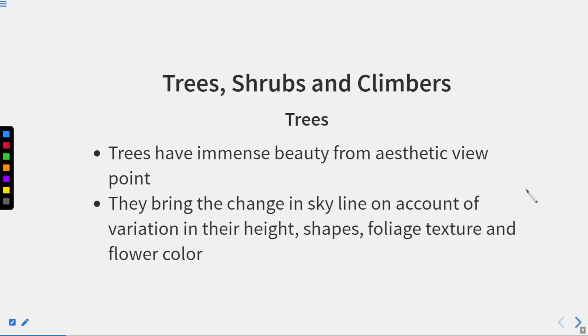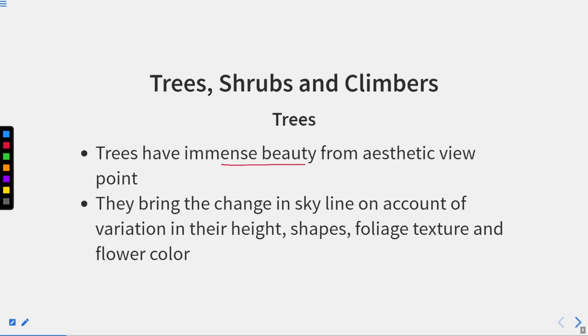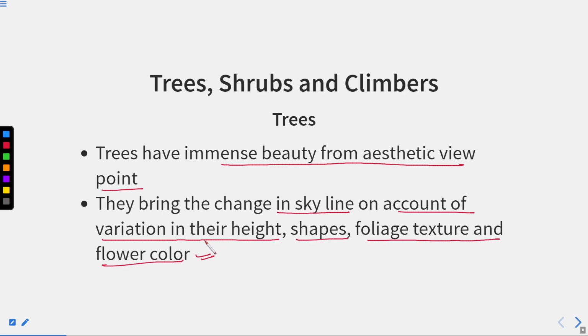hardwood. Trees have immense beauty from an aesthetic viewpoint. They bring change in the skyline on account of variation in their height, shapes, foliage texture, and flower color. So basically they are very important as they enhance the aesthetic view where they are present.